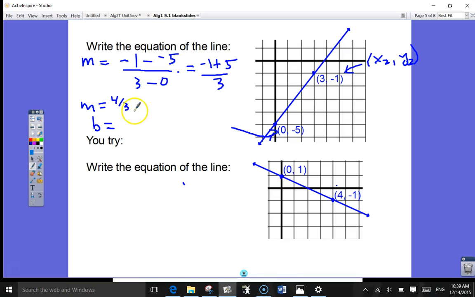So b equals -5. So what is the equation of the line? y equals 4/3 x minus 5. So try to do the same thing on the one at the bottom. That's your try. So what is the slope of this one? What is the slope?